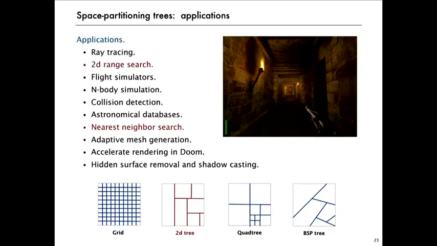So for example, if you've played the game Doom or used a flight simulator, these types of graphical simulations and animations are made possible only through the use of space partitioning trees like 2D trees and quad trees, and also in all different types of scientific data processing.